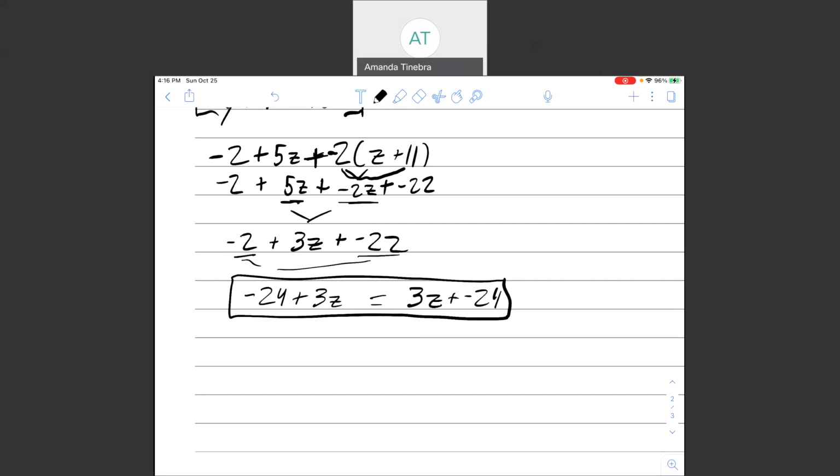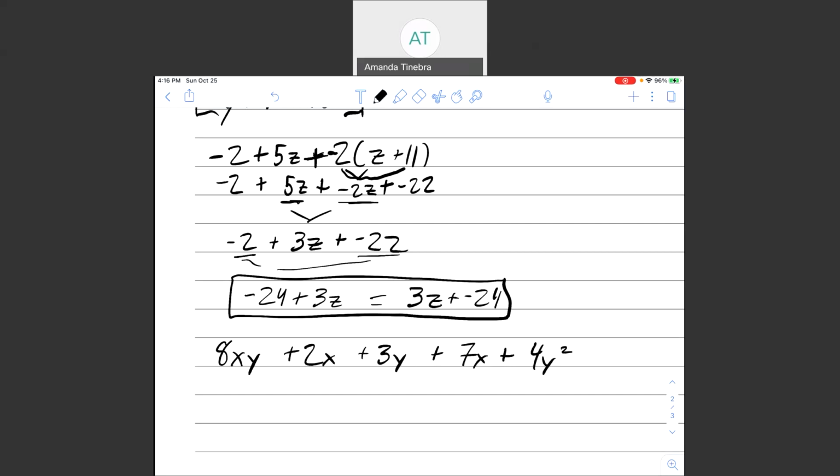Last thing I want to show you is, let's say we had a problem that was something like this. Okay? Here I have 8xy plus 2x plus 3y plus 7x plus, let's say, 4y squared. Okay? Here I have a lot of terms.